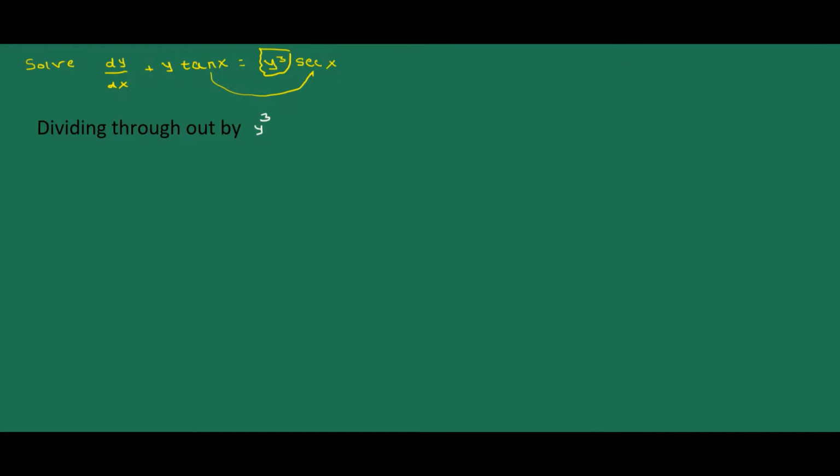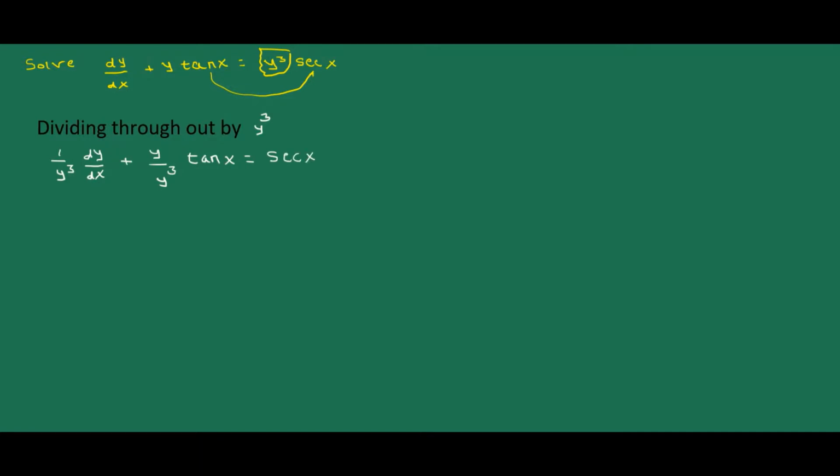Okay, then what you get? 1 divided by y raised to 3 into dy by dx plus y divided by y raised to 3 tan x is equal to sec x.